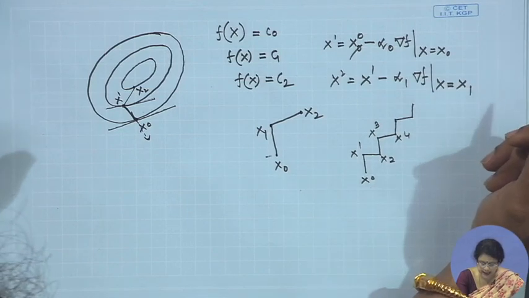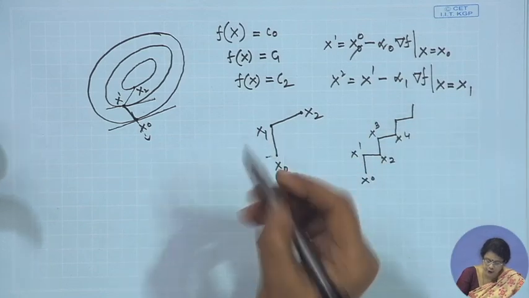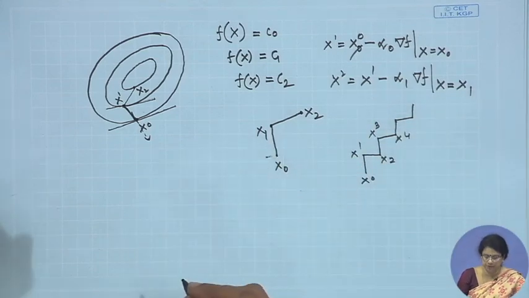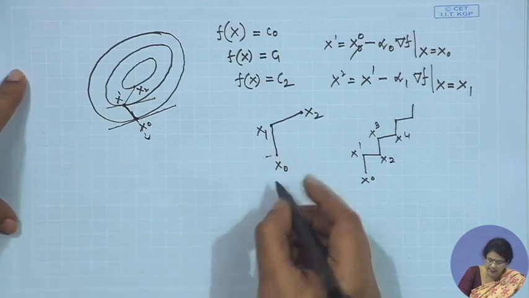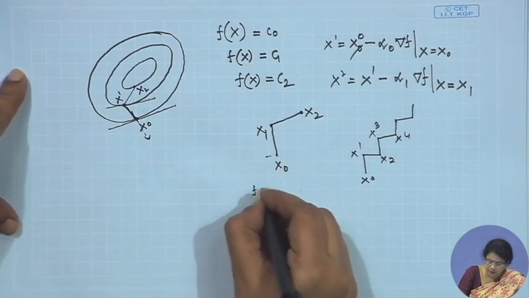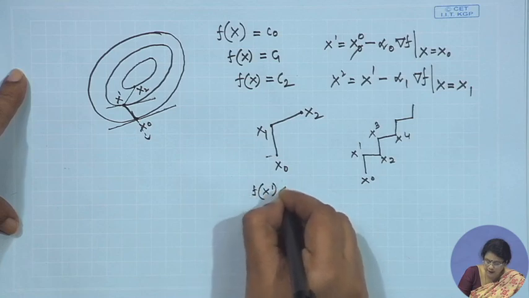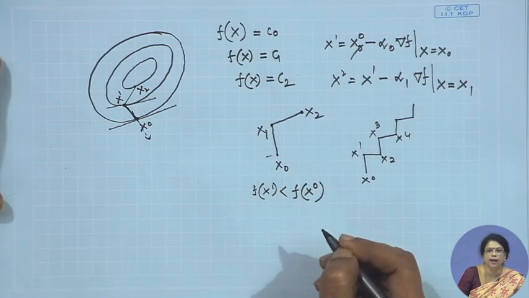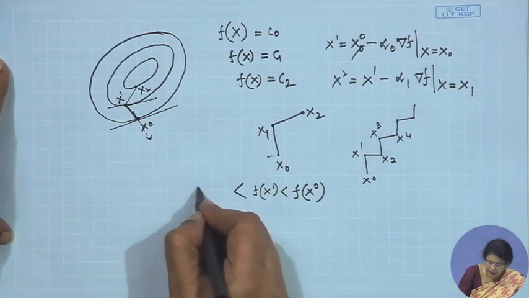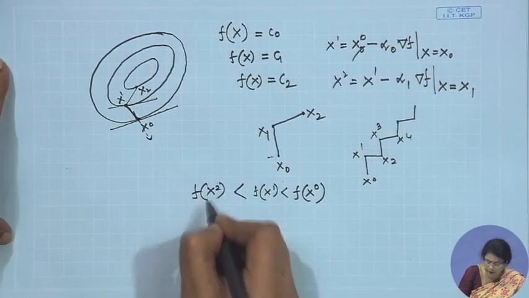The first property is: if we move from x0 to x1, what is our expectation? Since this is the negative gradient direction, we have to prove that f x1 must be lesser than f x0. All right. Similarly, f x2 must be lesser than f x1.